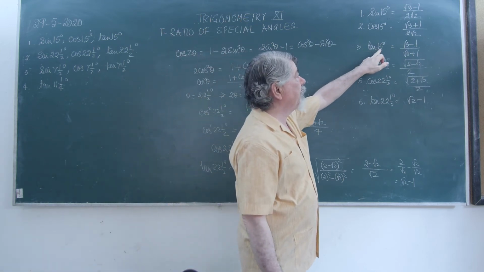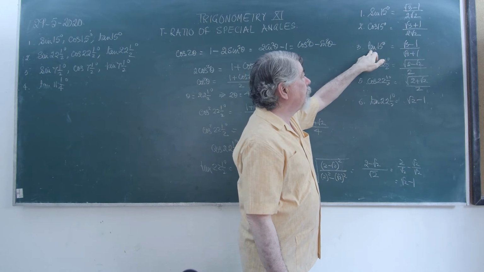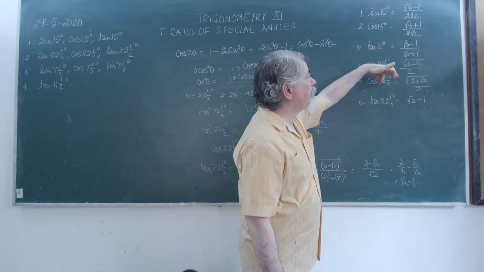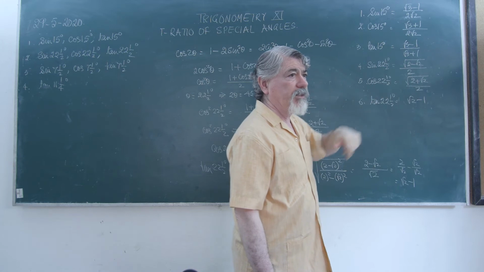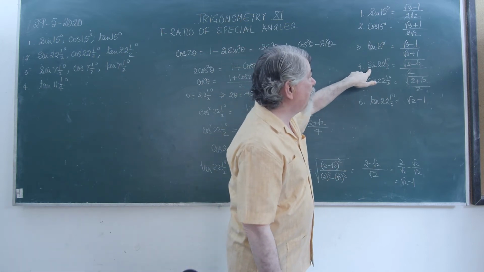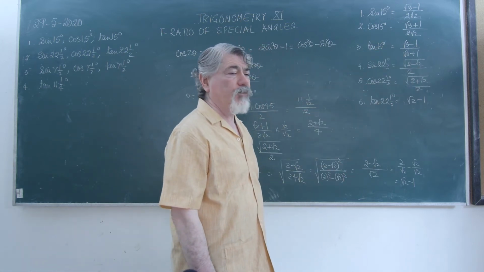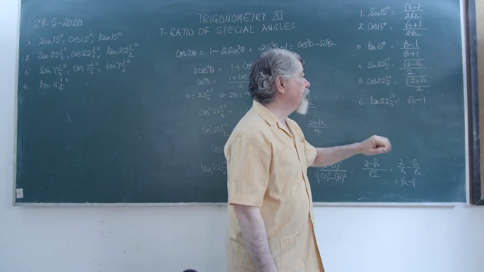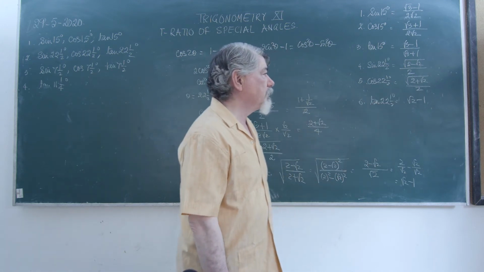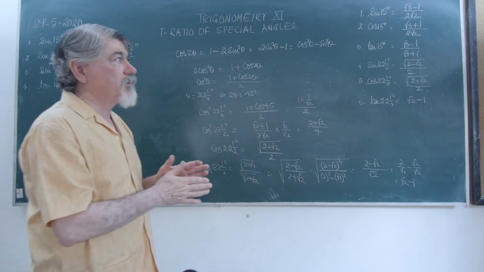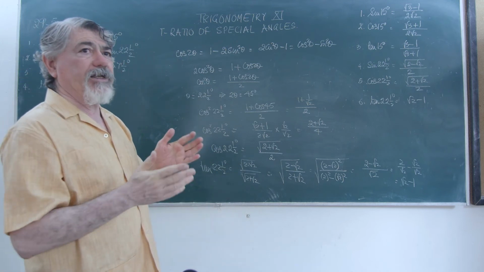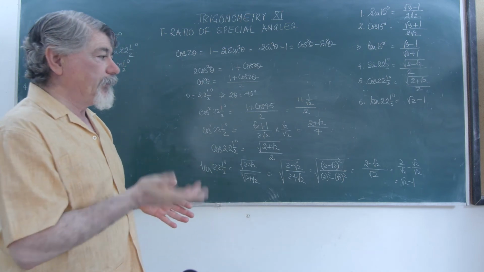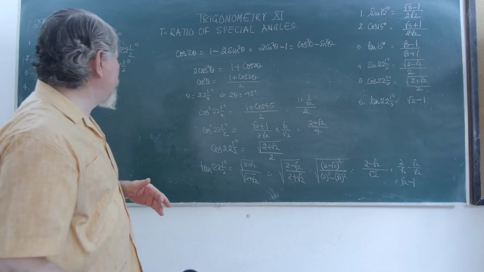And the reciprocal of tan 15 is cot 15, so root 3 plus 1 upon root 3 minus 1. Similarly, sin you reverse, you get cosec; cos you reverse, you get sec; tan you reverse, you get cot. So all trigonometric ratios are there. Once you have calculated sin, cos, tan, everything is obviously calculated.